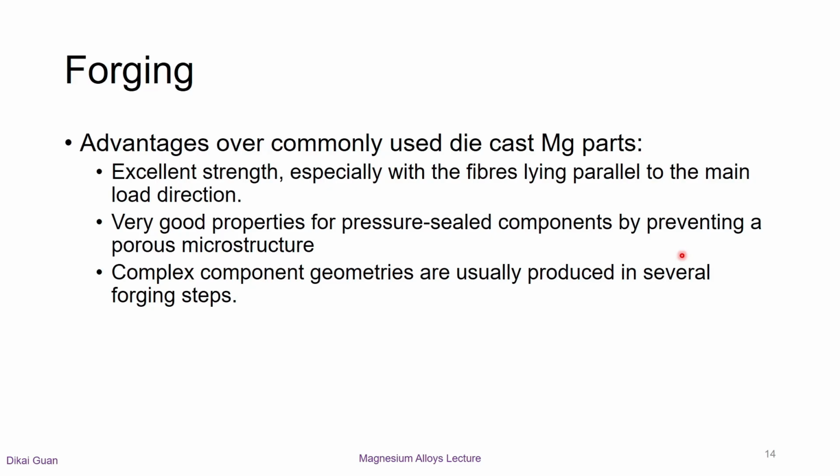First, excellent strength, especially with the fibers lying parallel to the main load direction. Second, very good properties for pressure-sealed components by preventing a porous microstructure. Third, the components can have complex geometries through several forging steps.